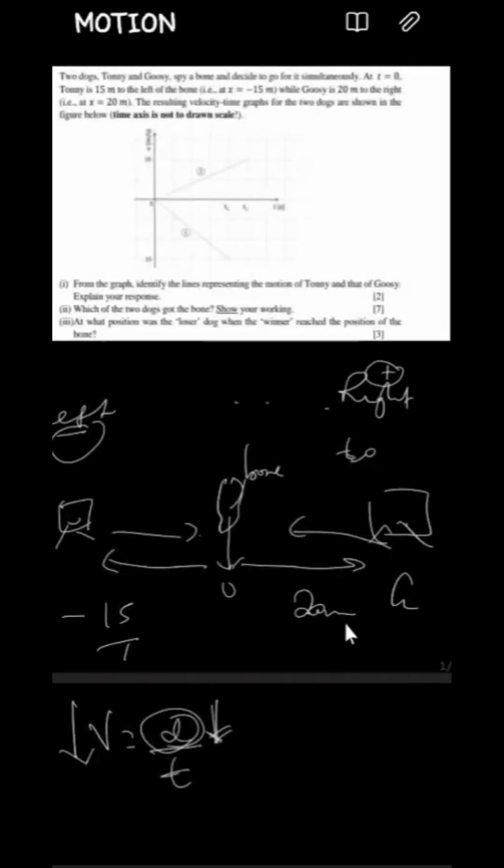Okay, right. So Goosey looks like is moving from a positive 20 heading to 0, right? Which means its displacement, its distance, is reducing. And if your displacement is reducing from your initial of 20 to your final of 0, and 0 being a lesser value as compared to 20, which means your displacement is reducing and hence your velocity is reducing.